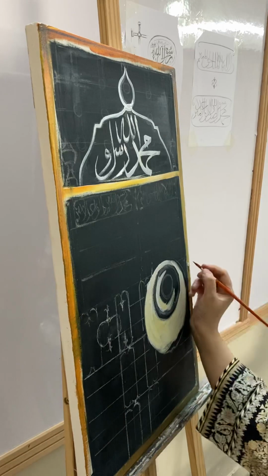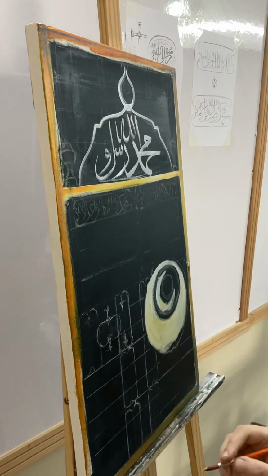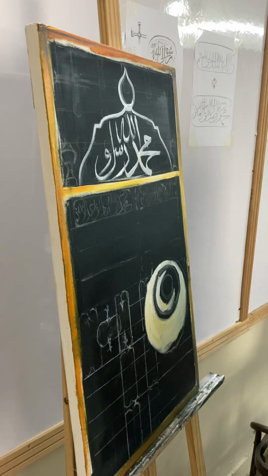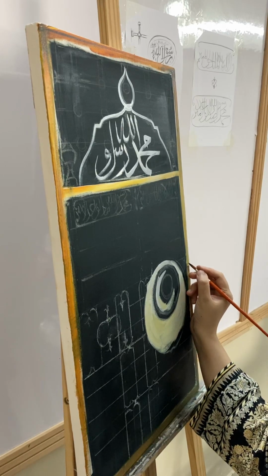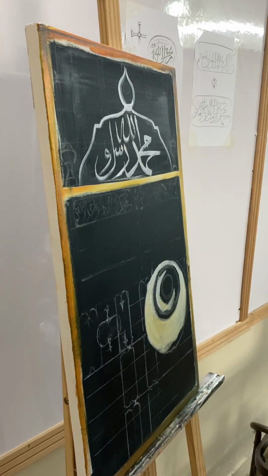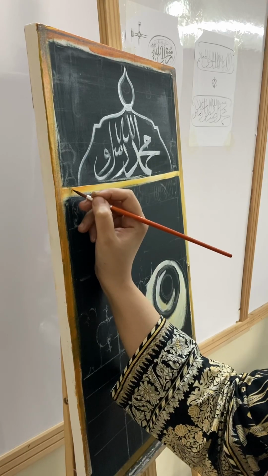You can also use yellow, orange. And finally, the dark tones: black, burnt umber, Van Dyke brown, to make these screws prominent. Here too we have screws in this part.